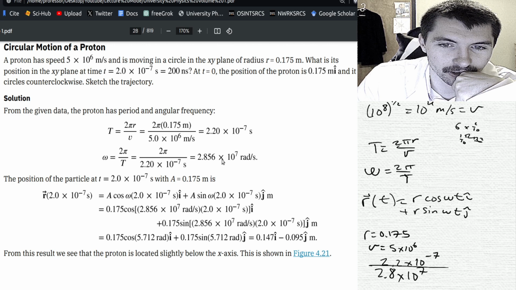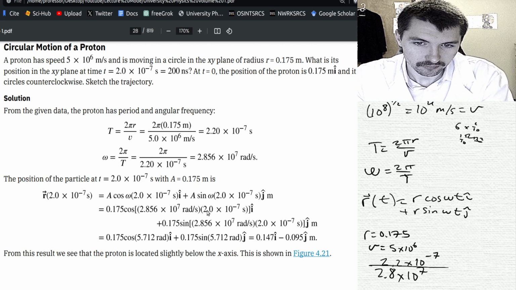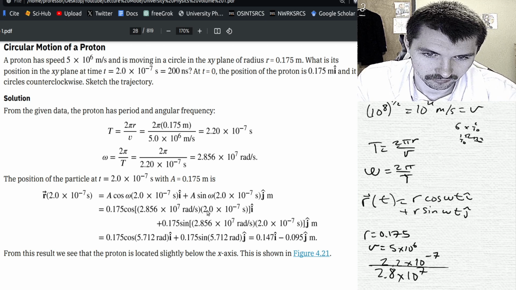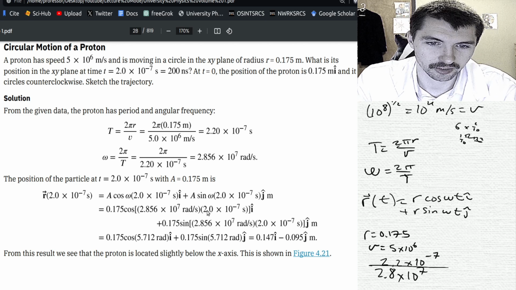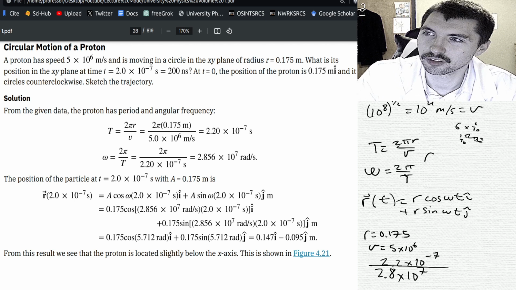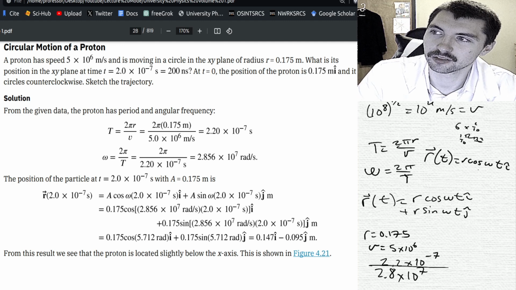Okay, they're taking this. So r(t) is r cosine omega t i.